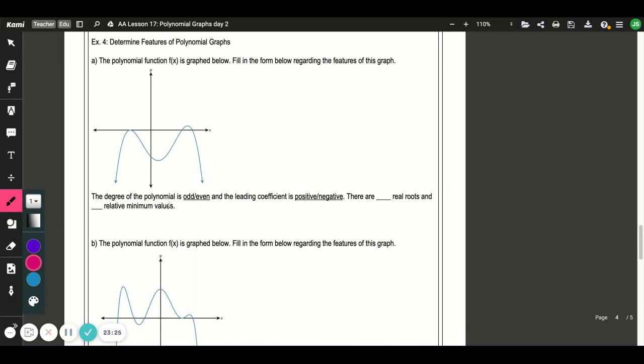The degree of the polynomial. So the degree tells you that the ends go in either the same direction or the opposite. Since both ends go in the same direction, that tells you that the degree is even.